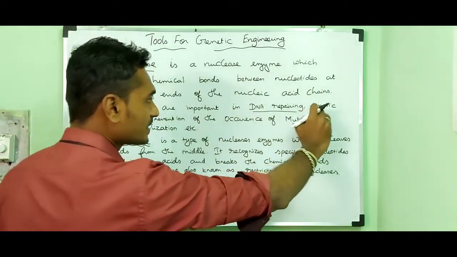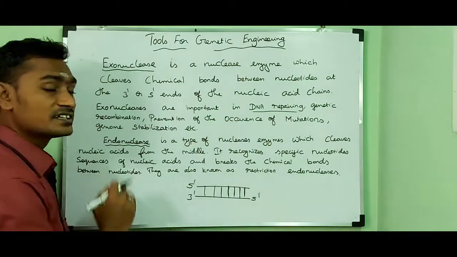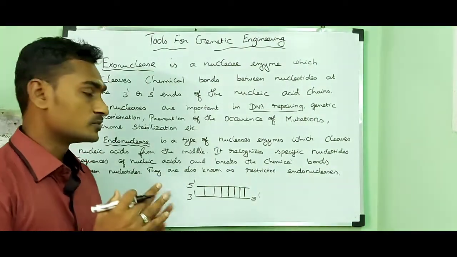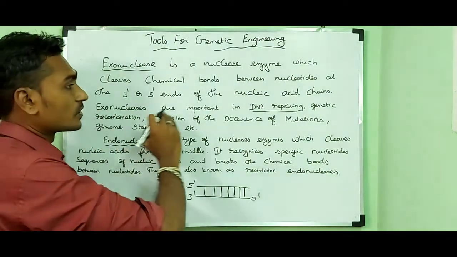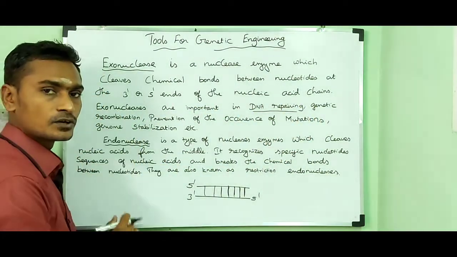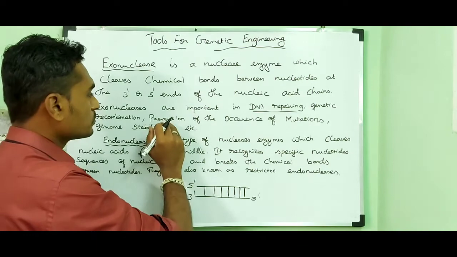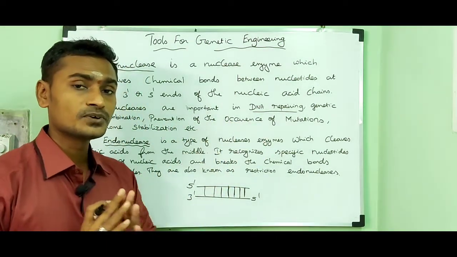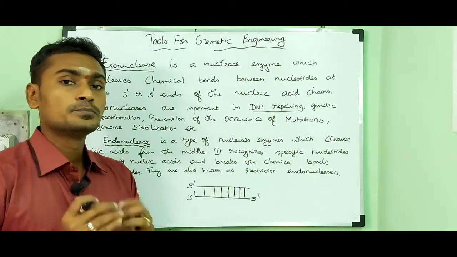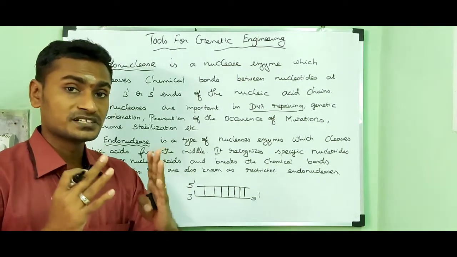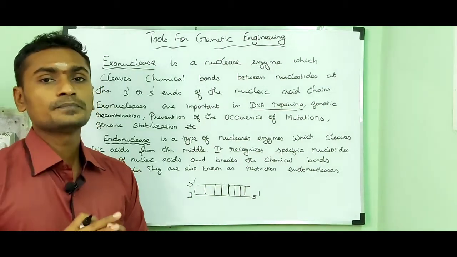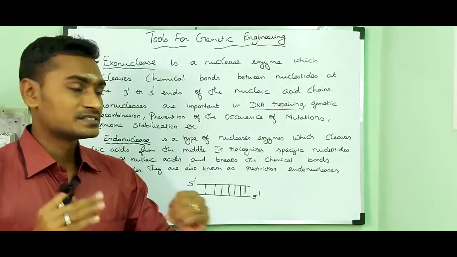They are also important in genetic recombination, which can cause variation and lead to evolution. They are important in preventing the occurrence of mutation, because after DNA replication, during proofreading, exonucleases remove the unwanted nucleotide sequence.